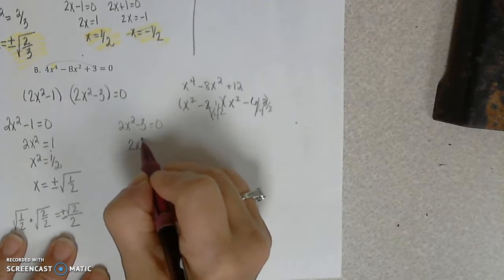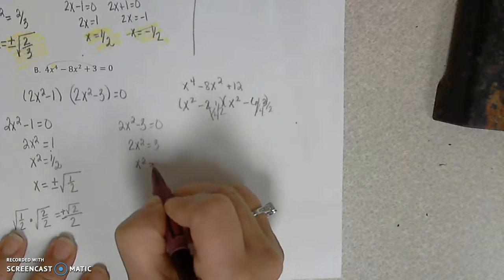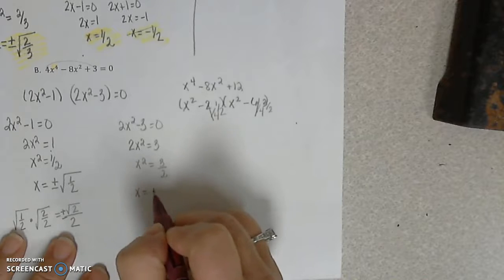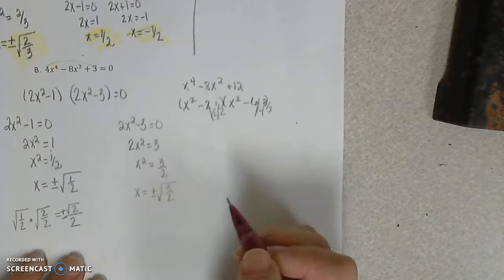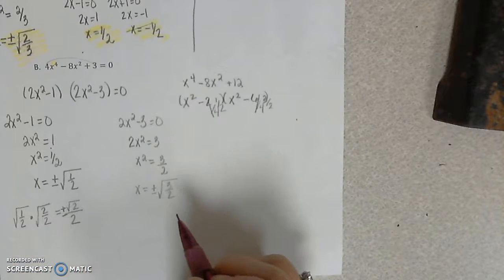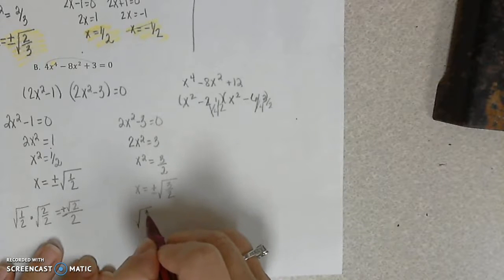Here, add 3 to both sides. x squared equals 3/2. Take the square root of both sides to simplify that radical. And when you have to simplify a radical, it's because a radical is in the denominator. If you remember.